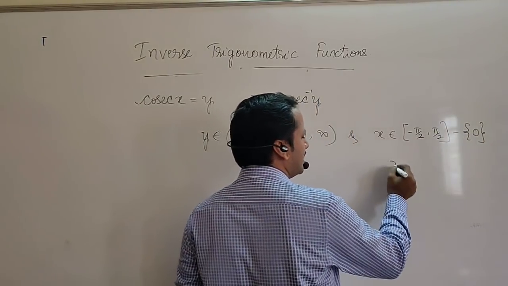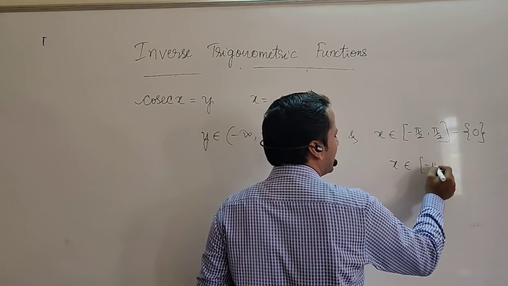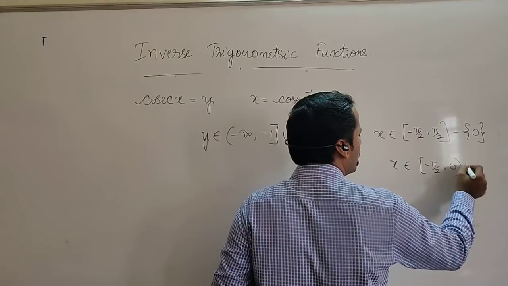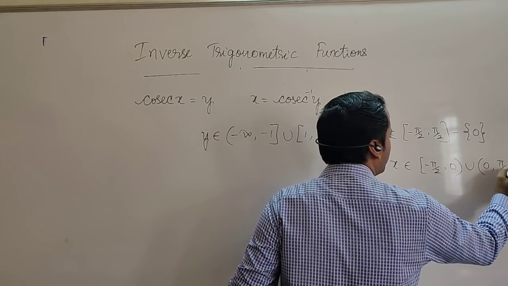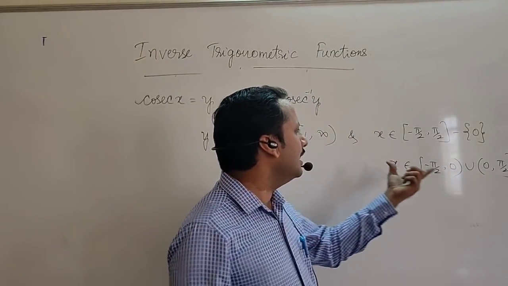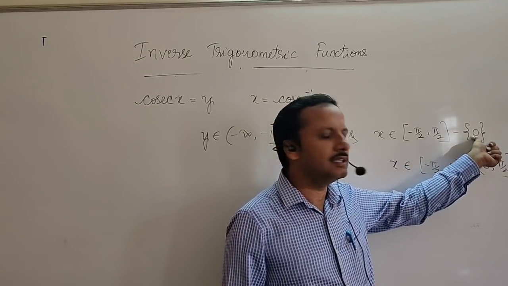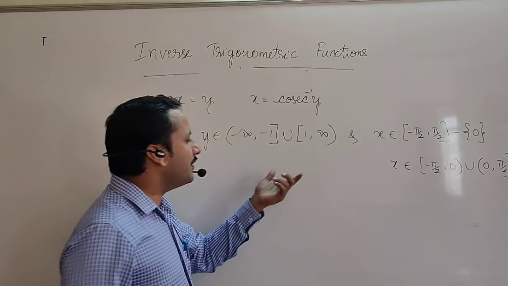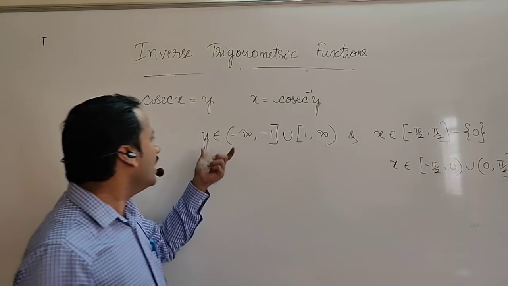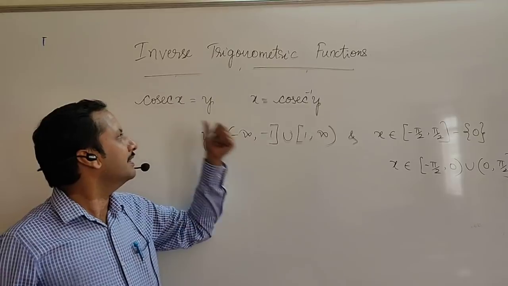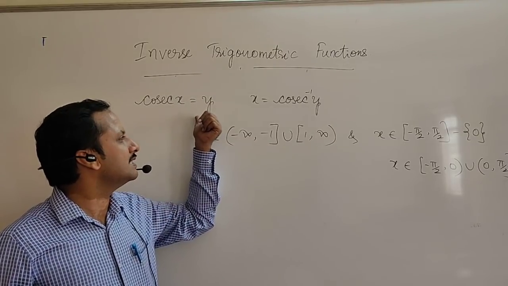In other words, x should lie in the interval minus pi by 2 to 0 union 0 to pi by 2, which means minus pi by 2 to pi by 2 excluding 0. So if x lies in this interval and y lies in this interval, then we write cosecant x is equal to y.